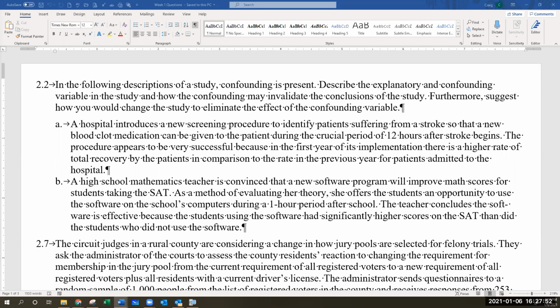So by randomly assigning the two groups, you get rid of all of the other things that could possibly influence a student scoring high or not scoring high on the SATs. Does that make sense to everybody?